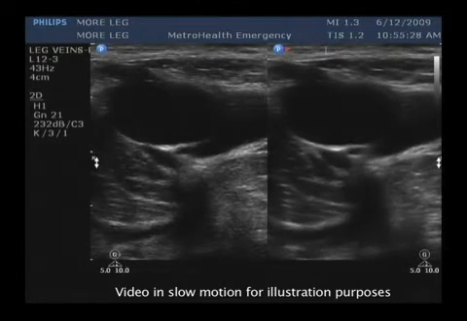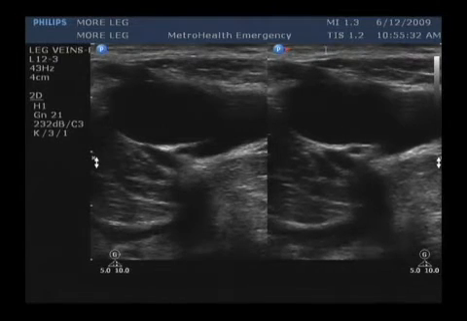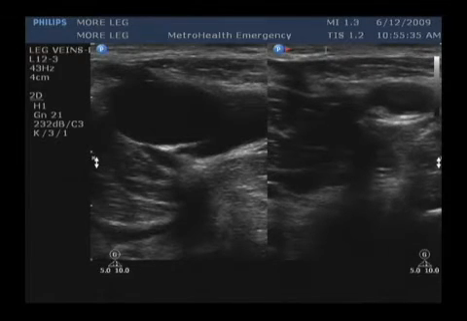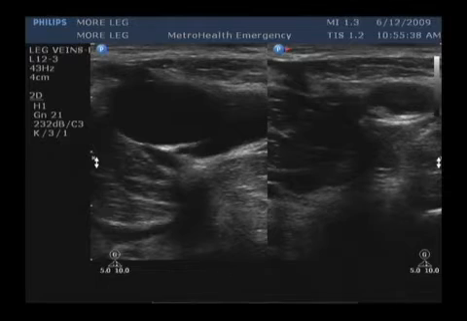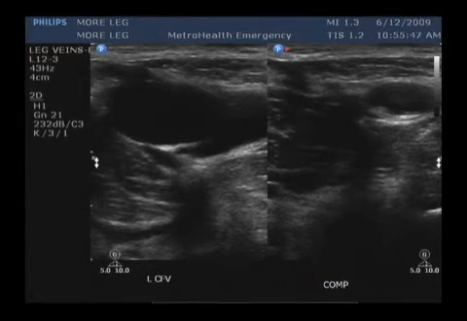This is best accomplished using the split screen function available on most ultrasound machines, allowing side-by-side comparison. On the left side of the screen, the femoral vein is shown without compression, and on the right side, the vein is compressed. The segment of the vein being imaged is labeled, in this case the common femoral vein, and we've also noted that the right side is the compressed side.